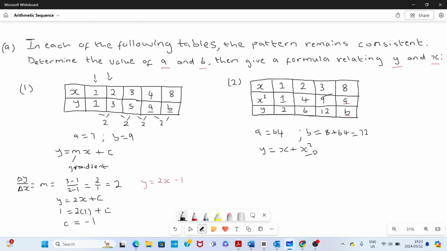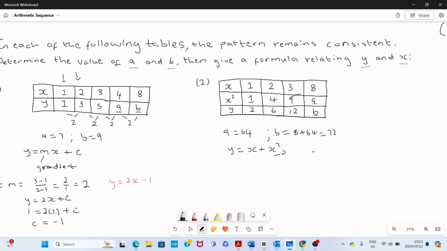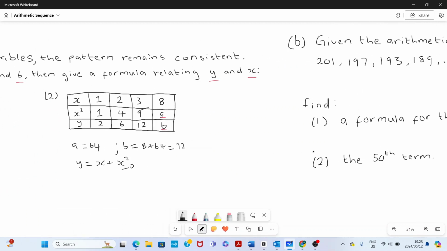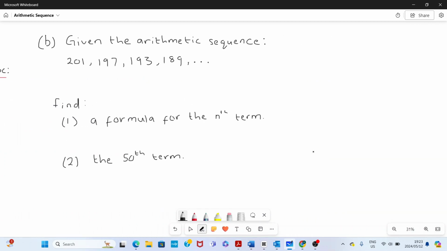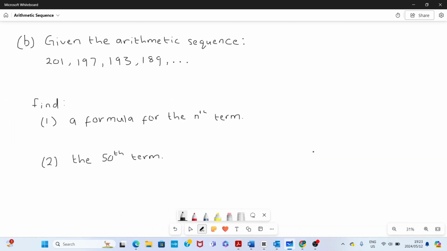So I'll quickly move to the next part of the question. This is more of an arithmetic sequence type of question, but obviously some of these questions with sequences, they try to trick you and make them interesting. This thing of arithmetic sequences, just like other types of sequences, your geometric sequences, your quadratic sequences, it's all a matter of pattern recognition.